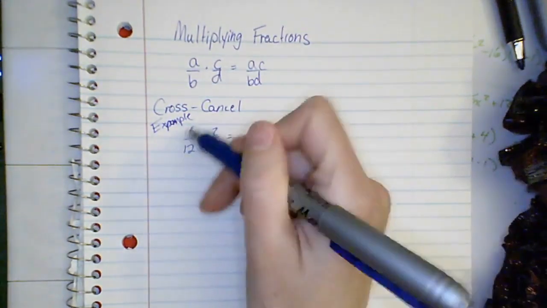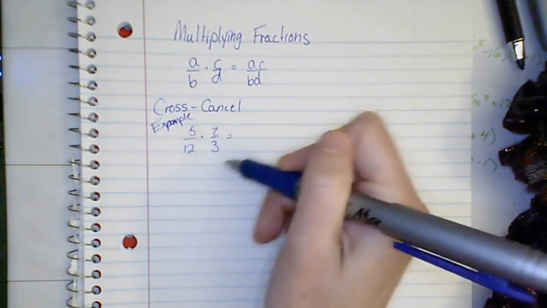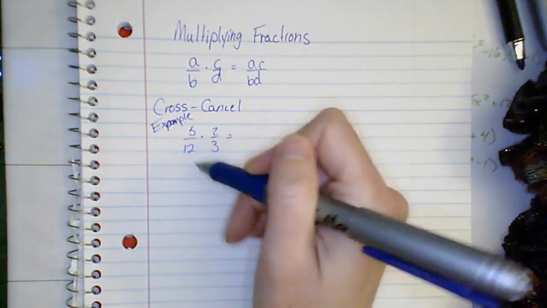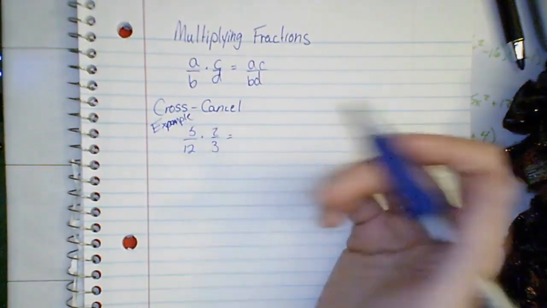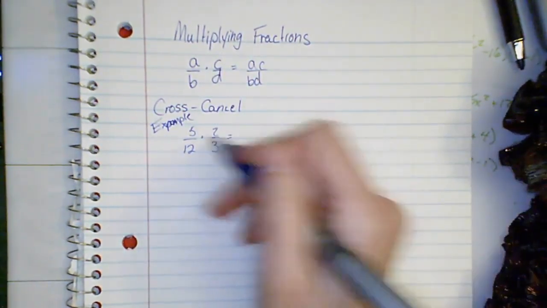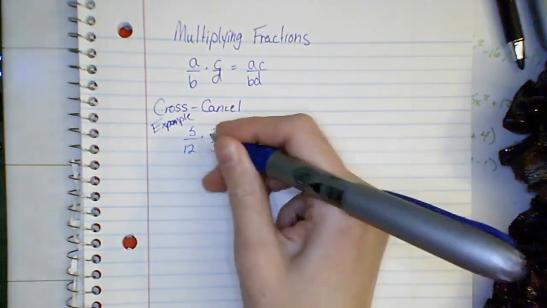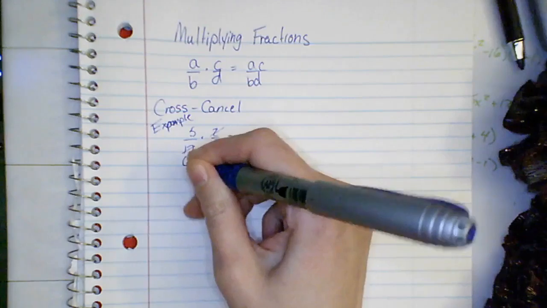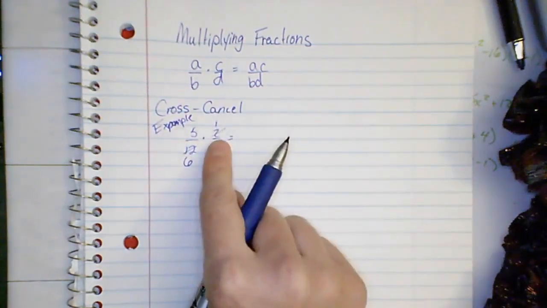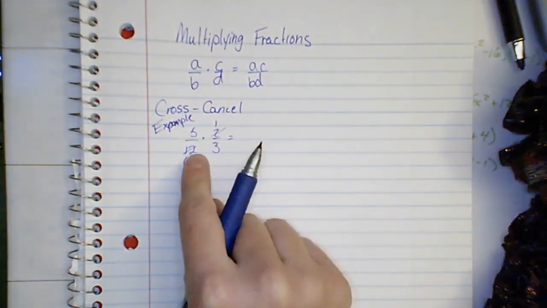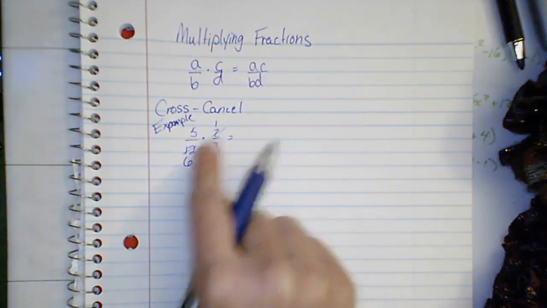So any factor in the numerator that can reduce or cancel in the denominator, you can go ahead and do that. Or think about just rearranging your numerator and denominator. 2 goes into 12 6 times. Or, for instance, this could be 2 12ths, which turn into 1/6.